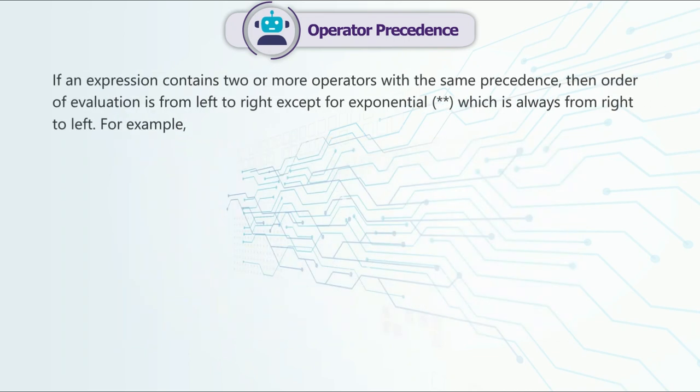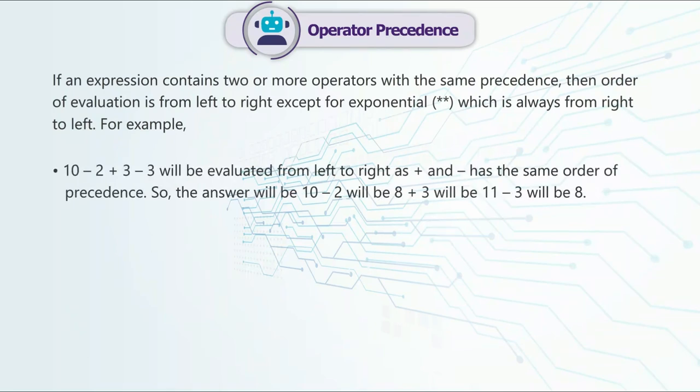If an expression contains two or more operators with the same precedence, then the order of evaluation is from left to right, except for exponential, which is always from right to left. For example, 10 - 2 + 3 - 3 will be evaluated from left to right as plus and minus have the same order of precedence.